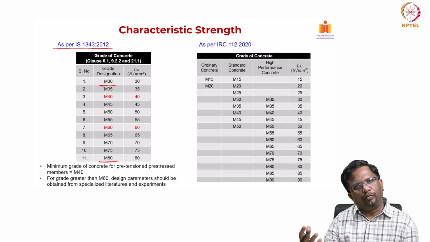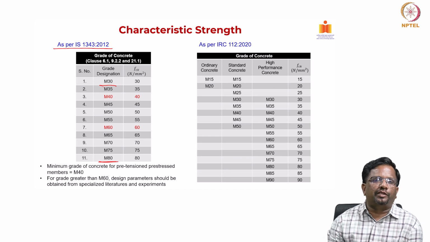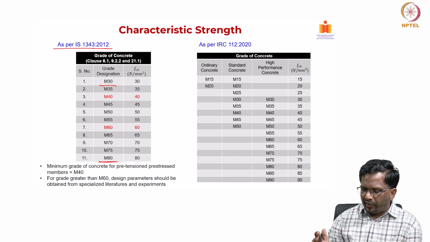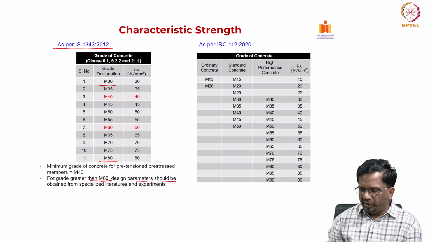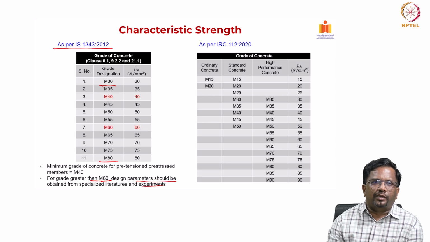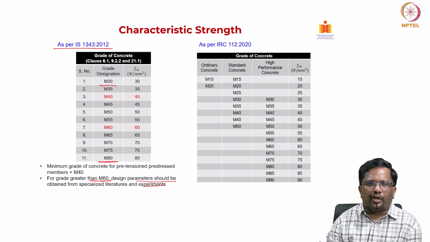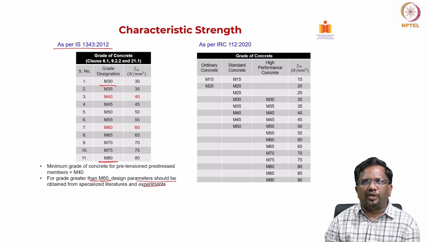Of course, you can go for higher grades also, but the provisions given in the IS code are applicable only for this range of concrete strength. In fact, the code also says that for concrete grade greater than 60, design parameters should be evaluated from specialized literature or experiments. So the code is very explicitly stating that it will give you conservative, correct estimates only up to a strength of 60, but beyond 60 you have to look at specialized literature.